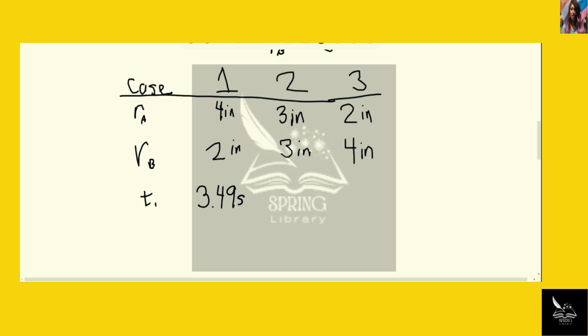Excuse me as I punch in case 2. 6.98 seconds. Actually, I got 6.980. Again, 3 sig figs. And for case 3, I got 13.96, so I'm just going to round that to 14.0 seconds.